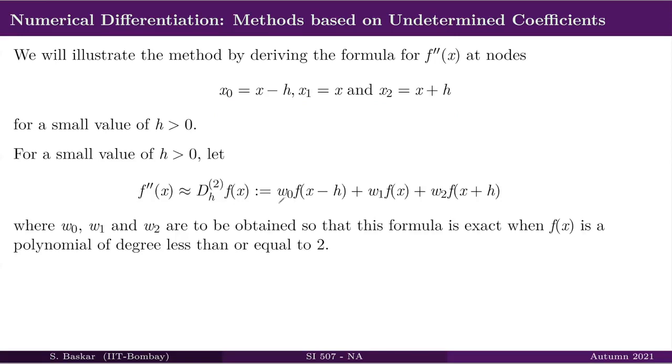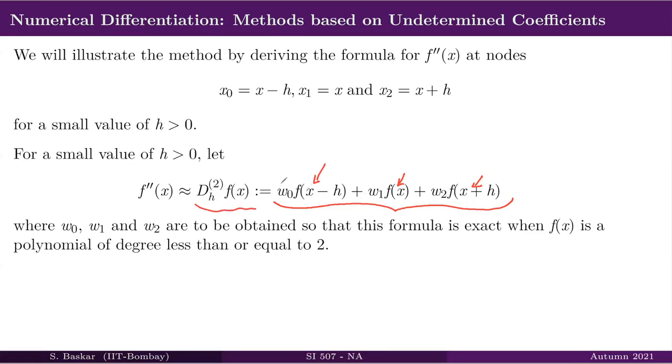As we have decided, we would like to have our formula in this form, where I have plugged in the choices of x0, x1, and x2 in their appropriate places. And let us use the notation dh2 f of x for this formula.